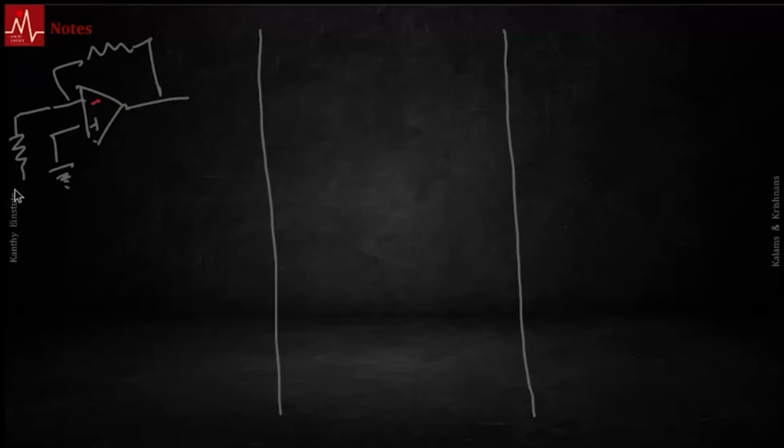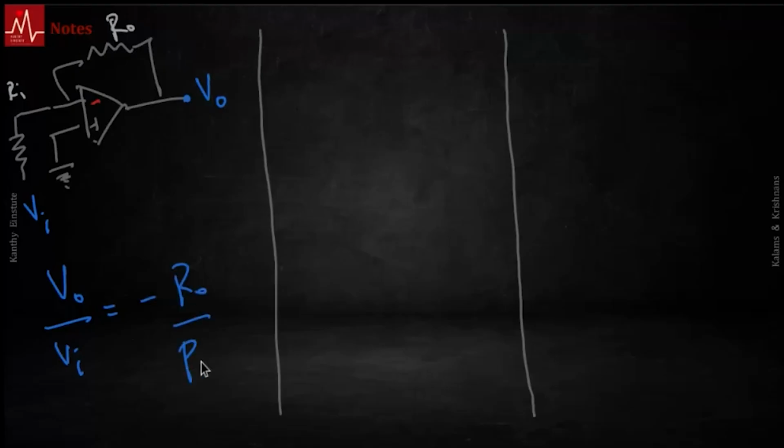Now if you look at V out and V in, with R out and R in, what we have seen is V out by V in equals minus R out by R in.